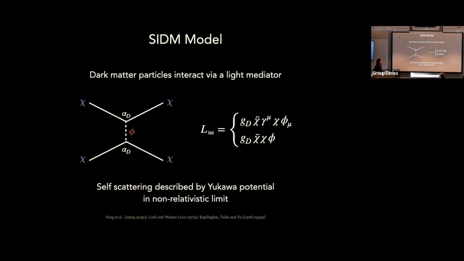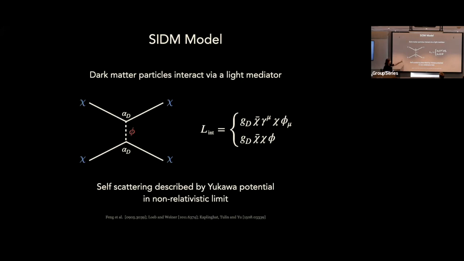So for the purpose of example, the SIDM model that I'm going to consider looks like this. In this case, I have two dark matter particles come in, they interact via this light mediator particle here, and they just scatter off. And in the non-relativistic limit, this is essentially just a Yukawa potential. So you can think of it that way.